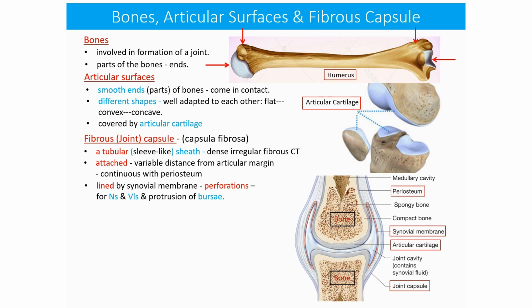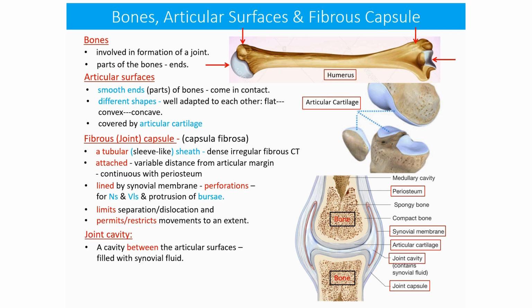It is lined by synovial membrane, having perforations for nerves and vessels and protrusion of bursae. The fibrous capsule limits the separation or dislocation and restricts movement to an extent.